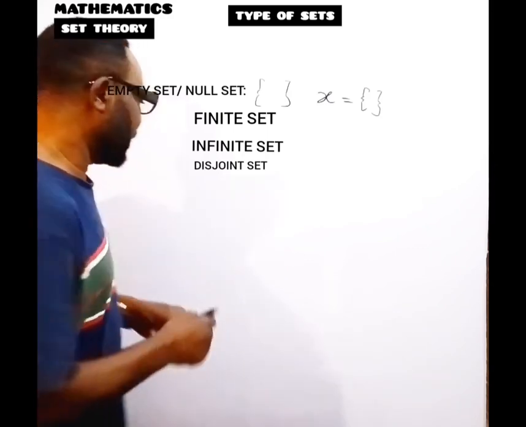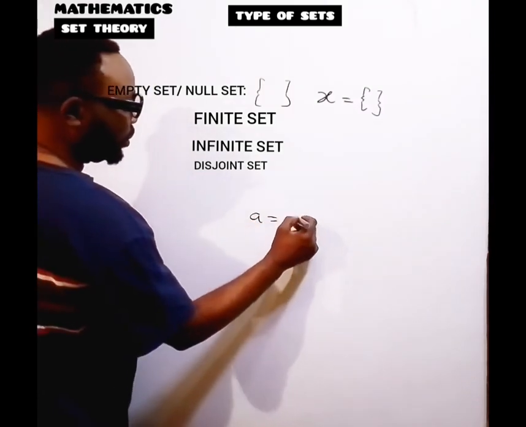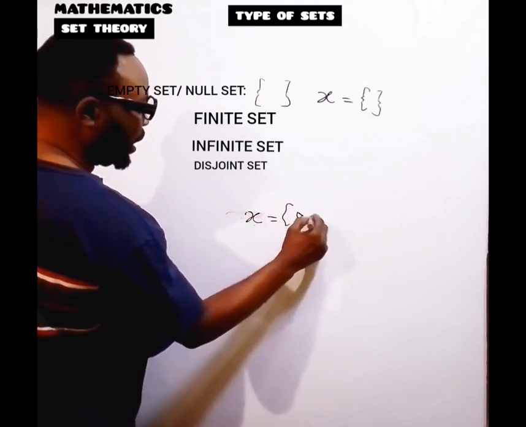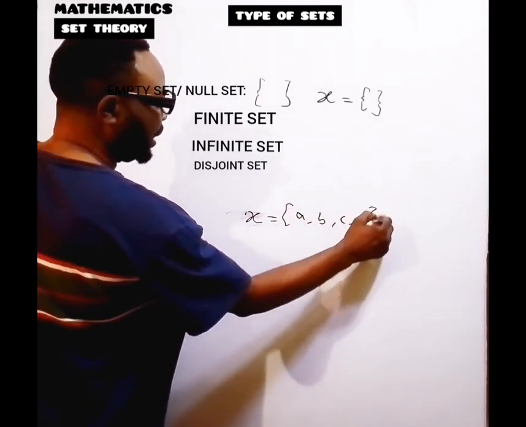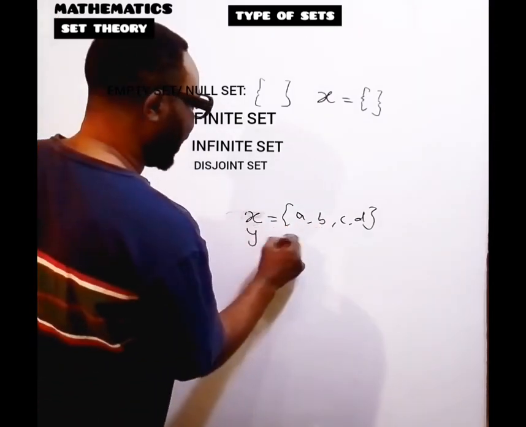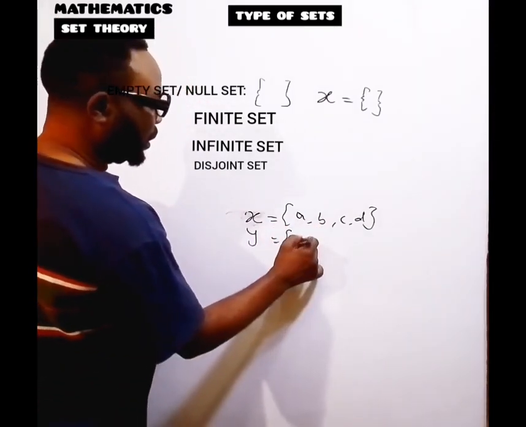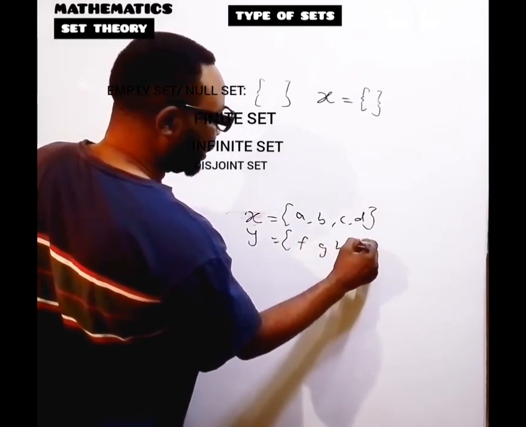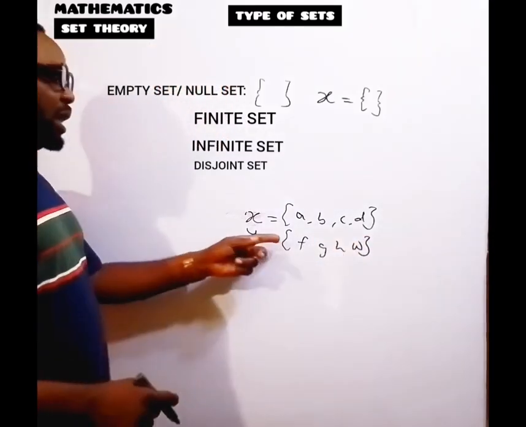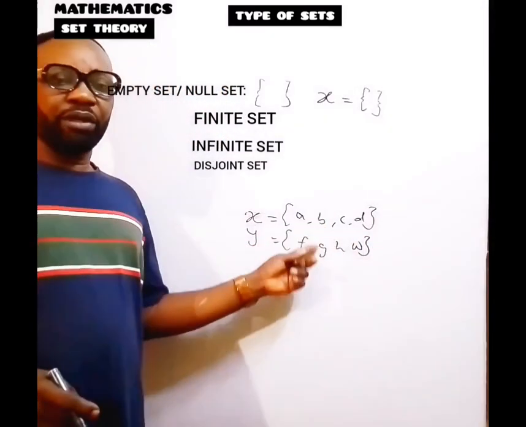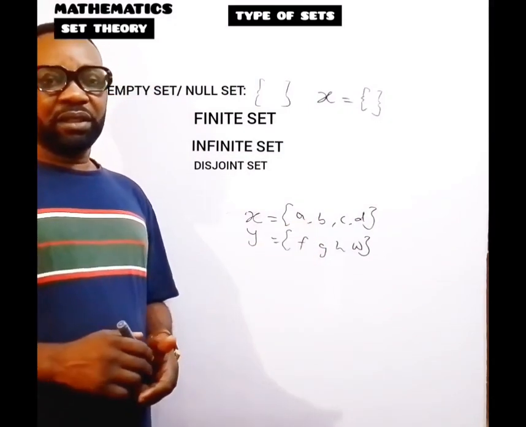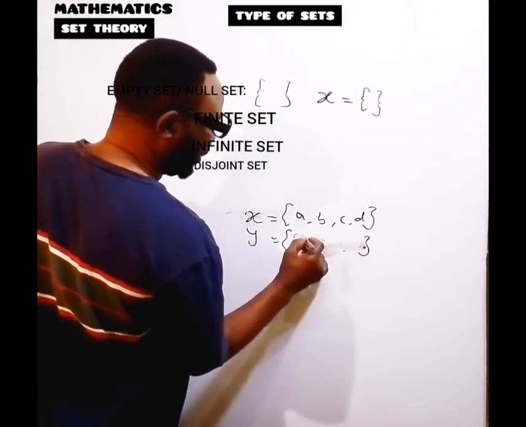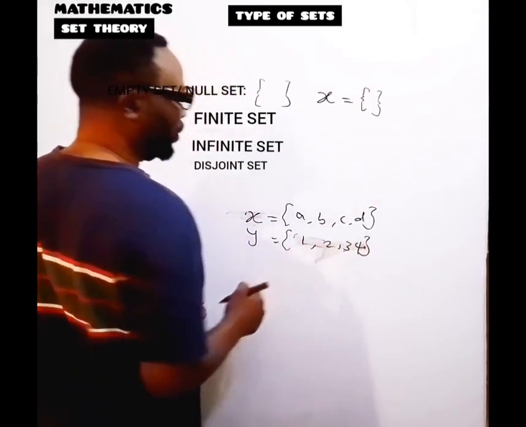For instance, let me make use of set X equal to A, B, C, D. Those are the elements we have in this set X, and set Y equal to 1, 2, 3, 4.